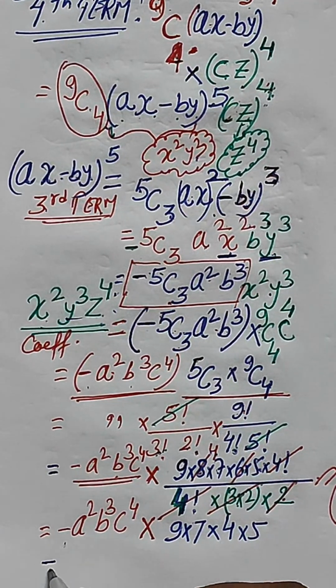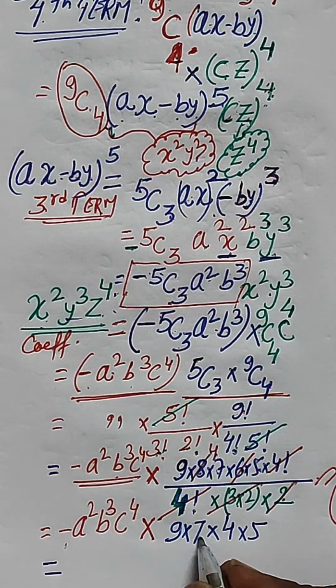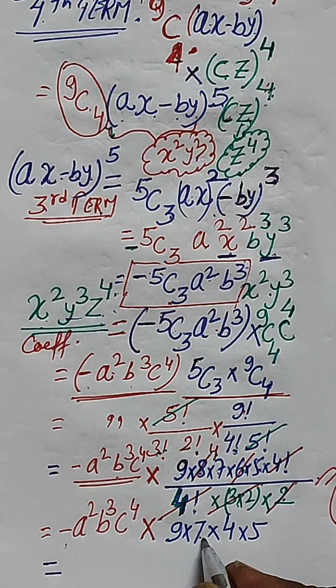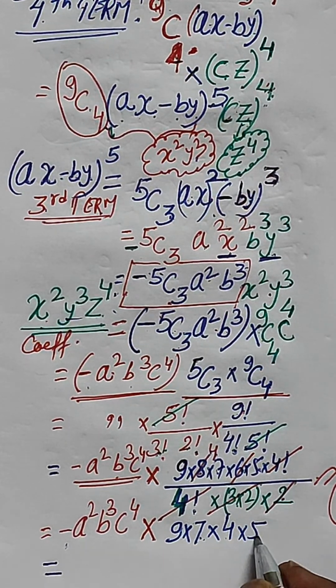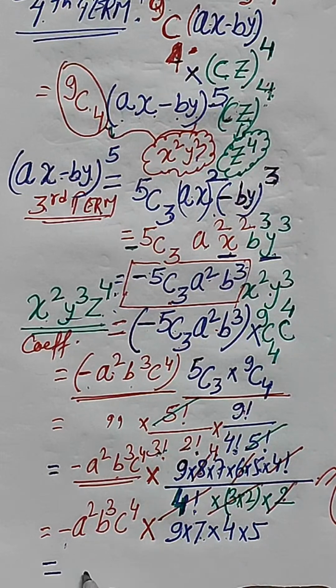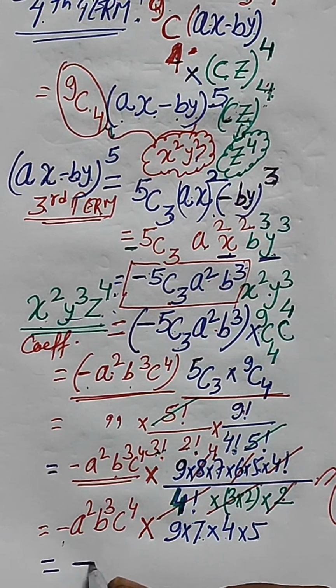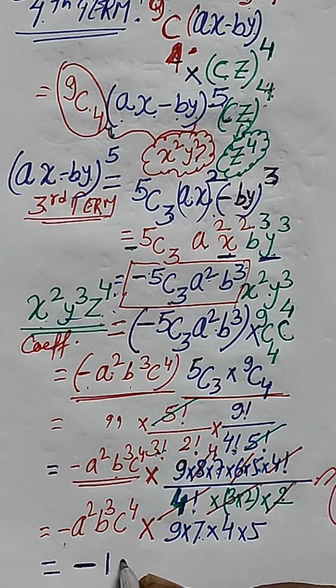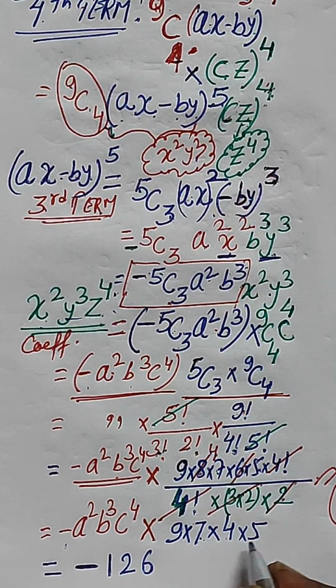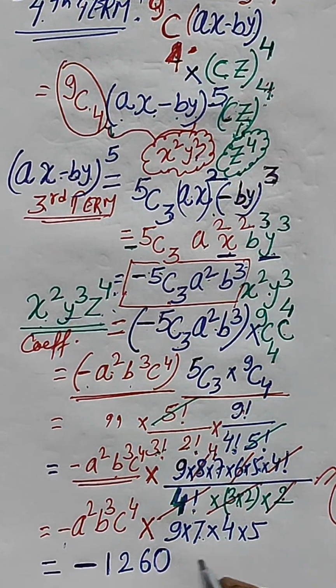So this will be giving you 9 7 63, 63 into 20, 5 4 20, 63 into 20. So leave 0, 63 into 2 will be 126. So consider this minus, then 126 and the 0 from 20, so 1260.